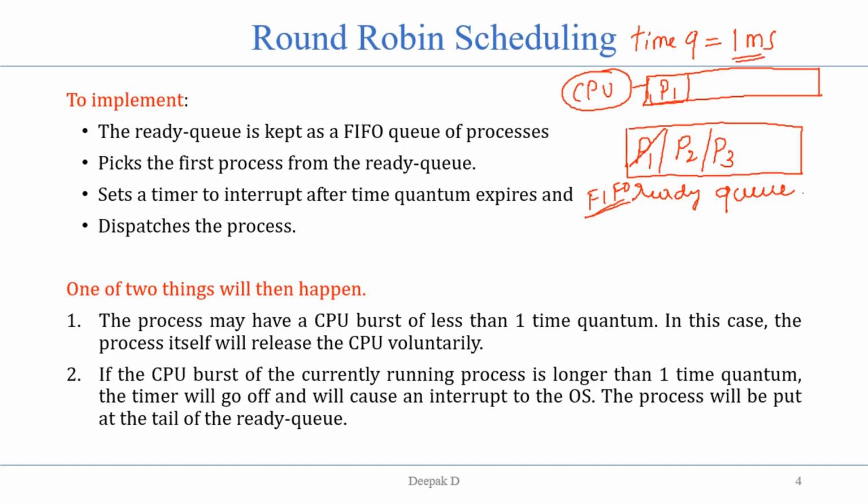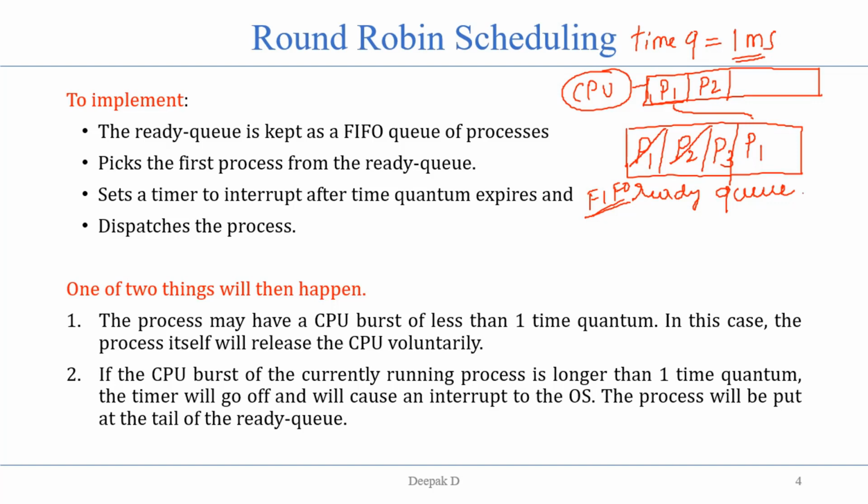Once the 1 millisecond is done, what actually happens? The interrupt occurs, and the process is taken from the CPU and pushed to the tail of the ready queue, that is, P1 has been placed here. Now which process is waiting for execution? Now P2. Again P2 is taken from the ready queue and given to the CPU to execute for 1 millisecond.